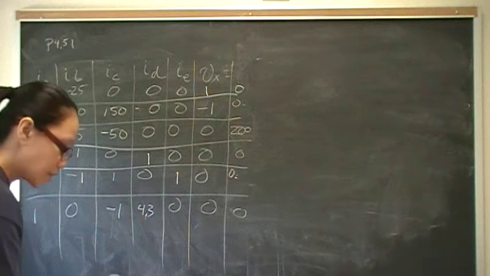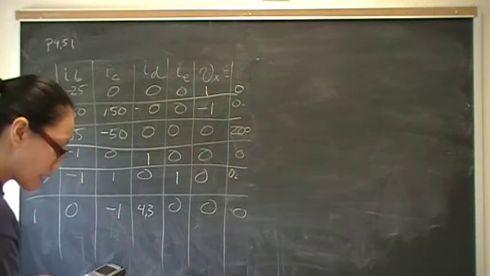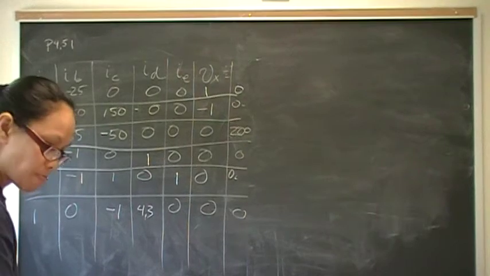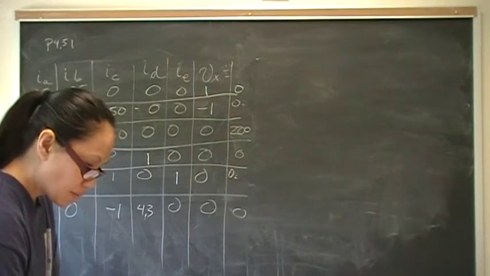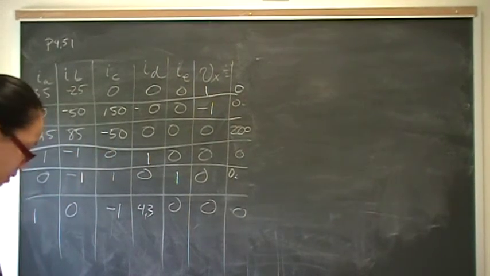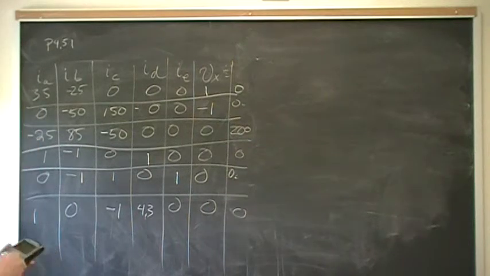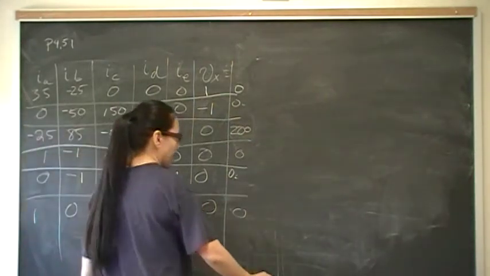Okay, so let's see if I got the same answer as I did before. Okay, I1, 2, 5. 4.6, 0.97, negative 1.1, 3.63, and negative 84.5. So got the same answer as before.